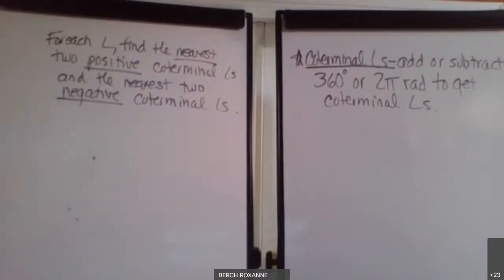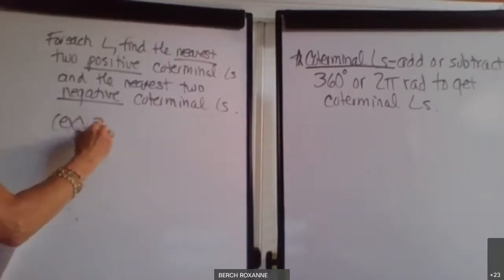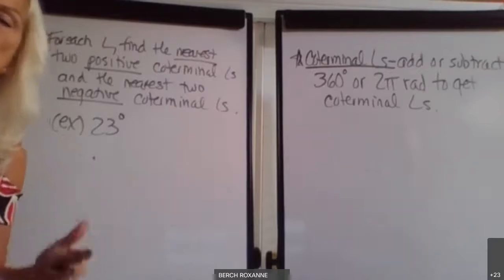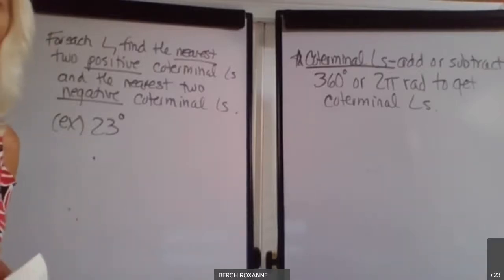So they want us to find two positive coterminal angles, and they want us to find two negative ones nearest to this. And we do not want to have to draw a graph.